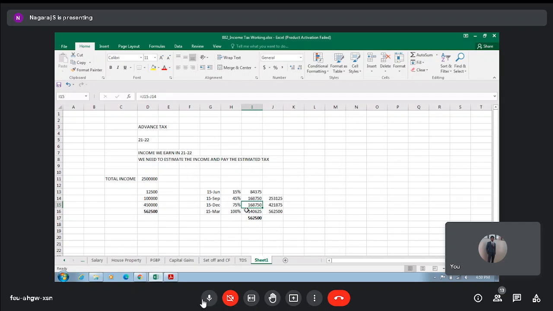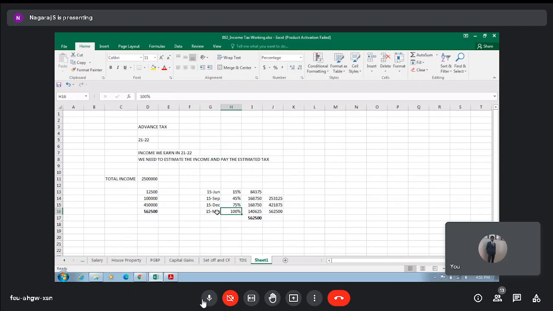The fourth installment should be 100%, on 15th March. See, all are on the 15th: June, September, December, March. Quarter. April, May, June, July, August, September, October, November, December, January, February, March.